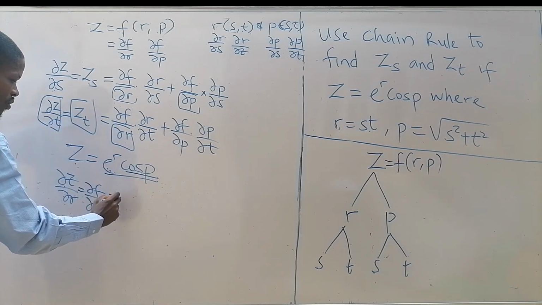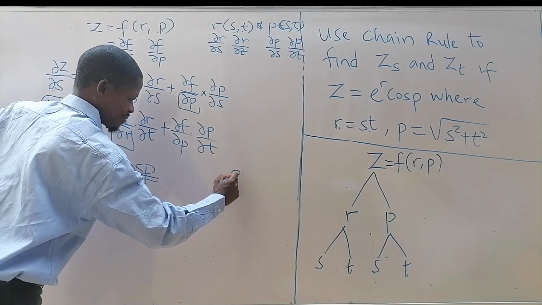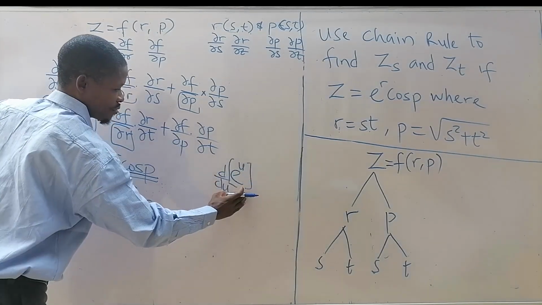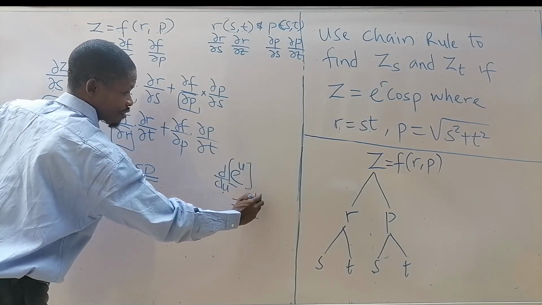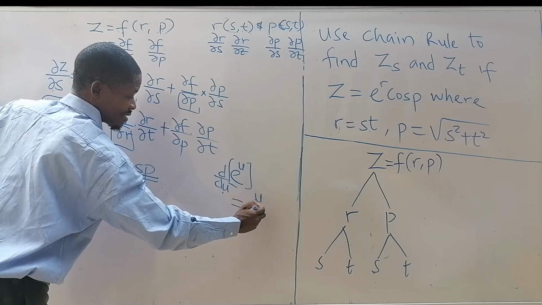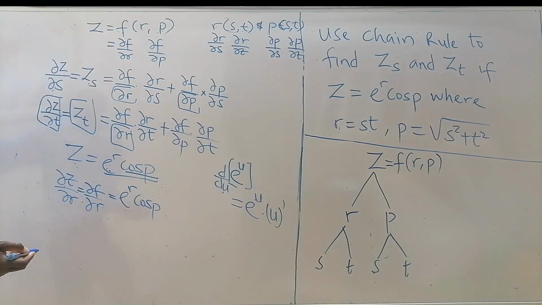You're differentiating this one alone, so you have this. Don't forget, the derivative of an exponential function will give you the exponential function with that power, times the derivative of that power. So that's how to differentiate.